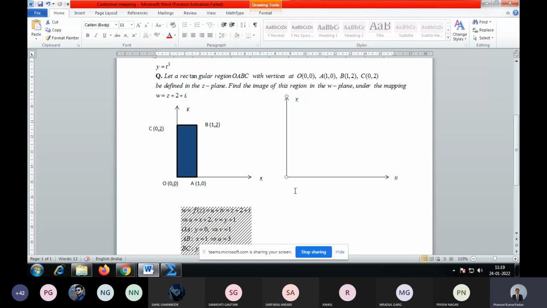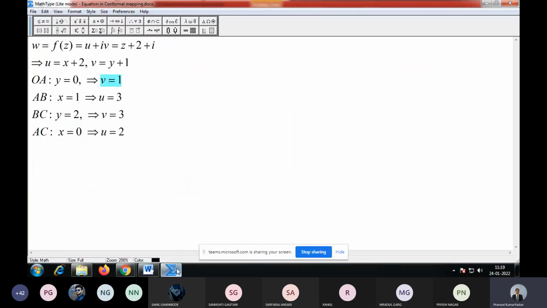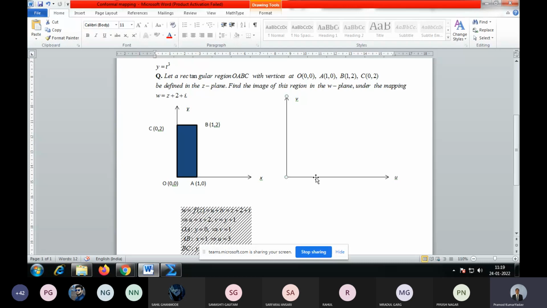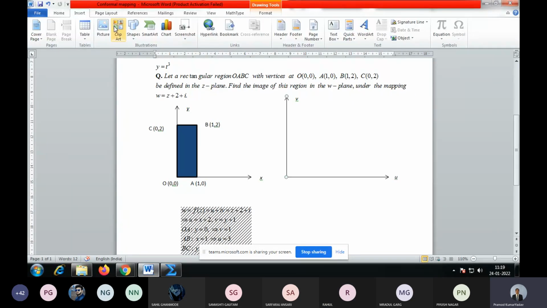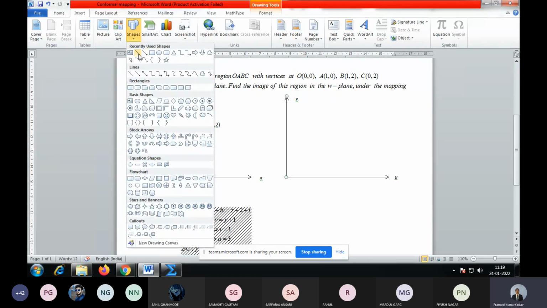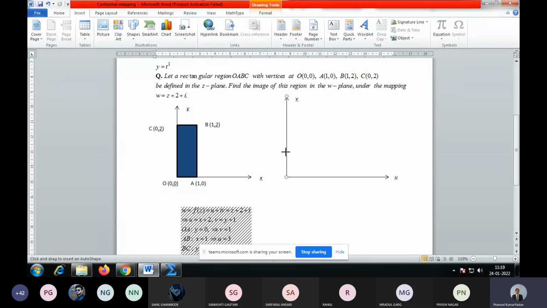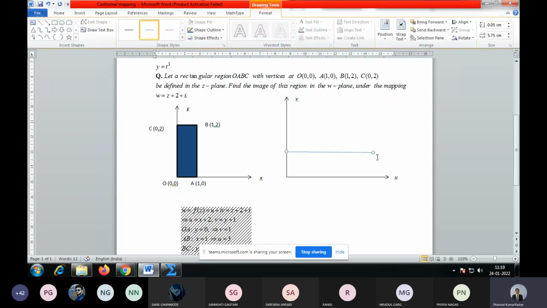It is the line v equal to 1, at distance 1 from the origin. Yes, the picture is like this one. So it is a line parallel to the u axis at distance 1.